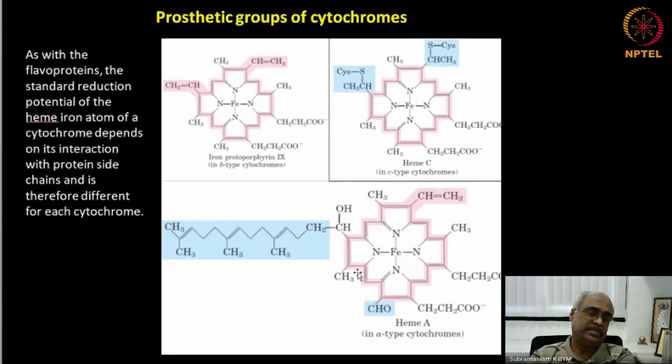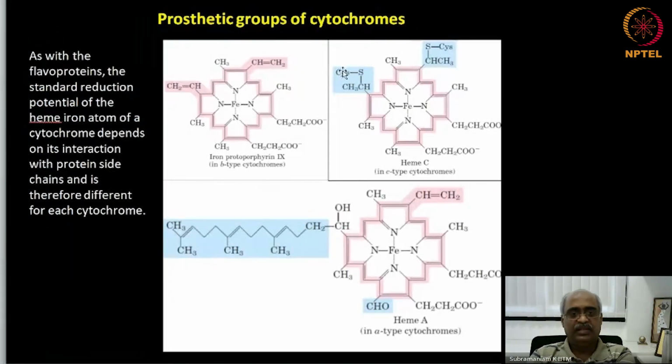They are usually tightly bound. For example, in cytochrome C, this version of the porphyrin ring is covalently attached to the sulfhydryl group of cysteine of the cytochrome protein. You can see two such attachments, so it is really tightly bound.